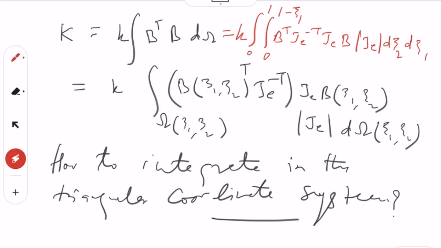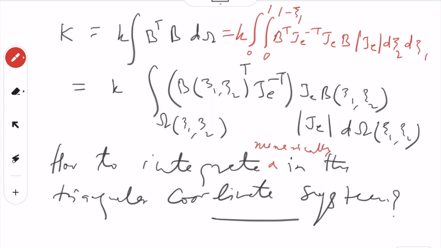So one way is to just use this, the analytical approach, the way we did for the 3-noded system, and we can do it easily. But what I mean by how to integrate in the triangular coordinate system is that there may be a shortcut like numerical integration. What is important is numerically.